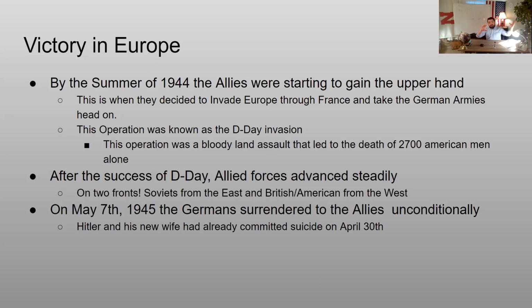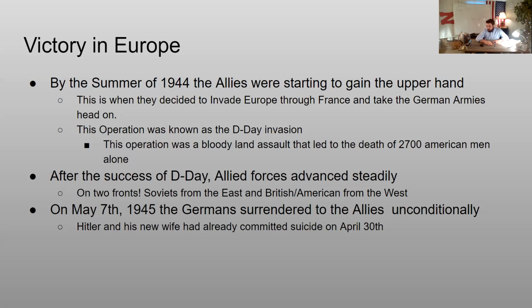The Allies are starting to come in from France and really starting to dominate. They end up winning this incredibly huge battle called the Battle of the Bulge. And eventually, the Allies cross the Rhine River into Germany, which marks the border between France and Germany. They cross into Germany, and there's really nothing that the Germans can do.